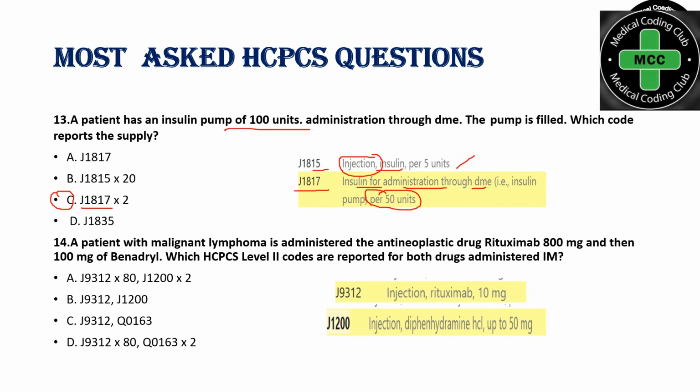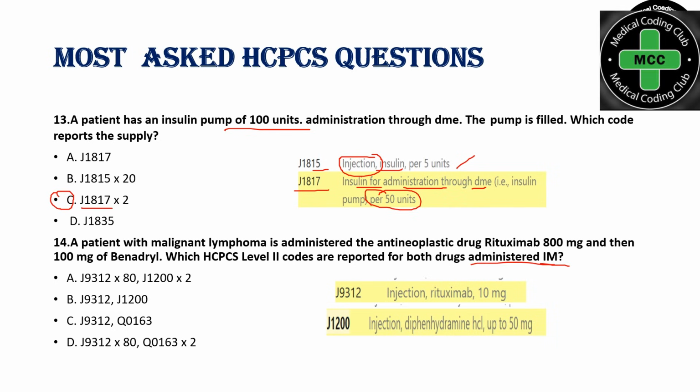Next, a patient with a malignant lymphoma is administered the anti-neoplastic drug rituximab and then Benadryl. Which HCPCS level 2 codes are reported for both drugs administered intramuscularly? Here both drugs are given intramuscularly only.